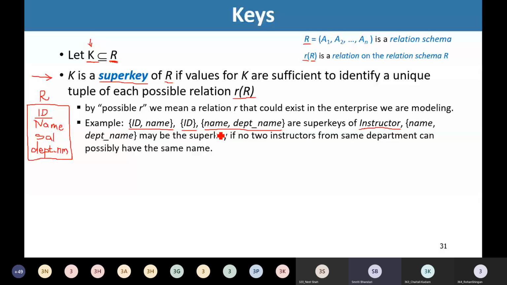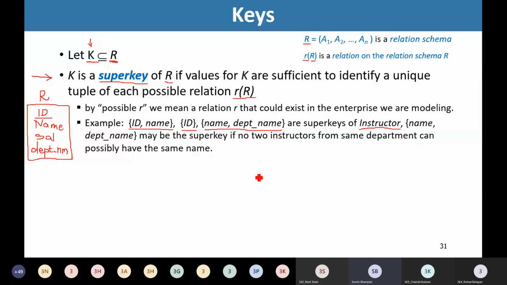So every instructor in a particular department has a different name. With this assumption, I am saying that name department name can also be treated as a super key, because all these sets help me to distinguish two tuples. In my instructor table, one tuple corresponds to one instructor, right?